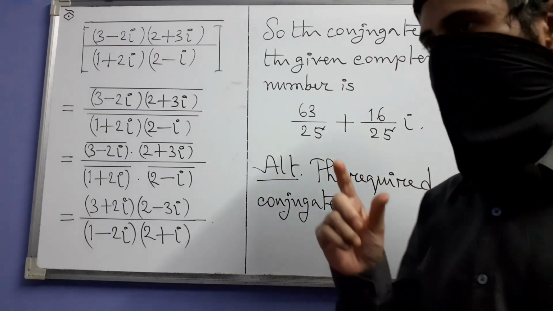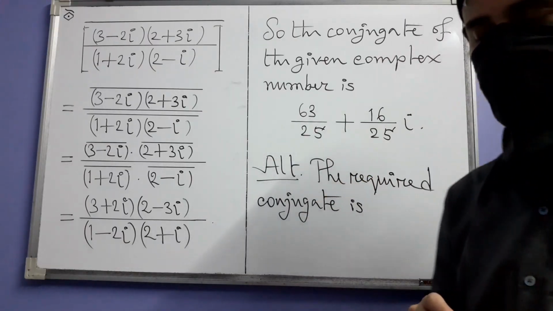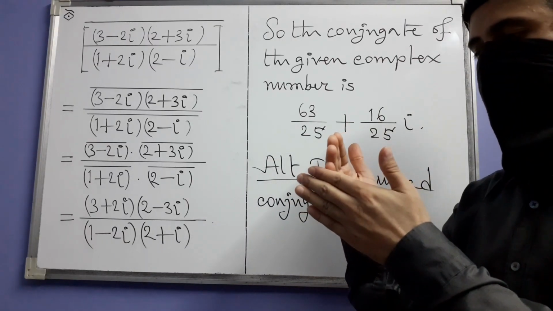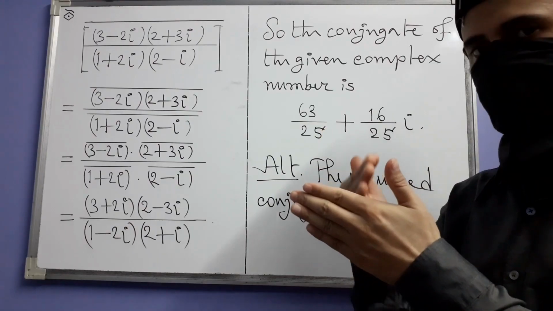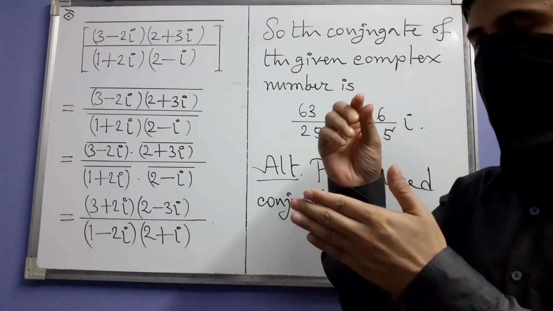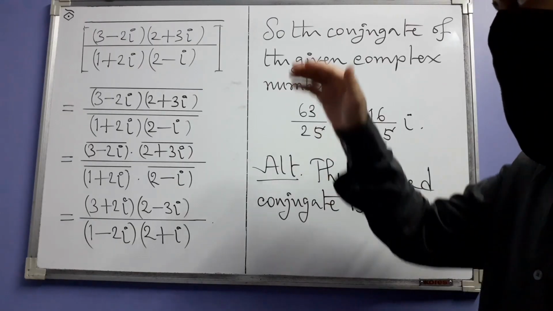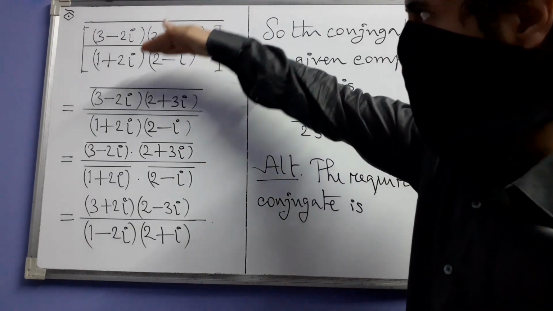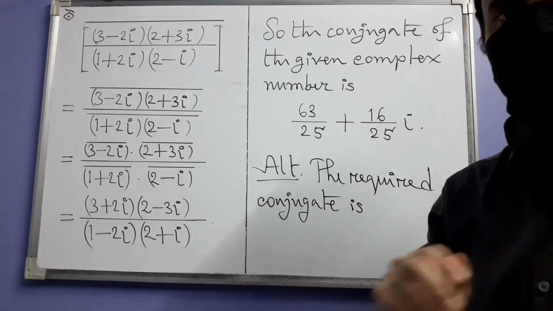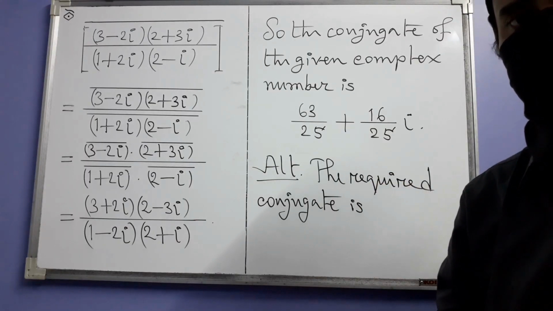And then you recall one property of complex conjugates, that the complex conjugate of z1 divided by z2 is z1 bar divided by z2 bar. You can distribute the complex conjugate over the individual parts of a ratio.